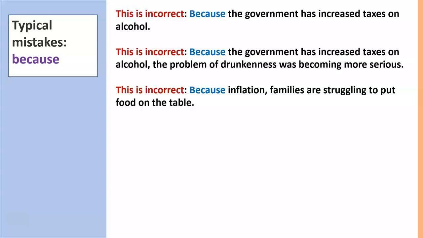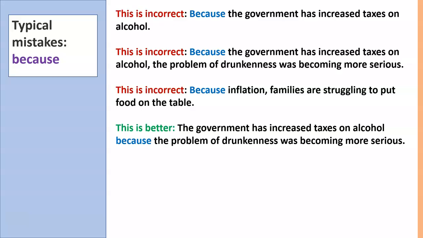Secondly, because the government has increased taxes on alcohol, the problem of drunkenness was becoming more serious. You can probably see the problem there, that because is with the wrong clause. And finally, because inflation, families are struggling to put food on the table, we can't follow because with a noun on its own. So what should we have written?